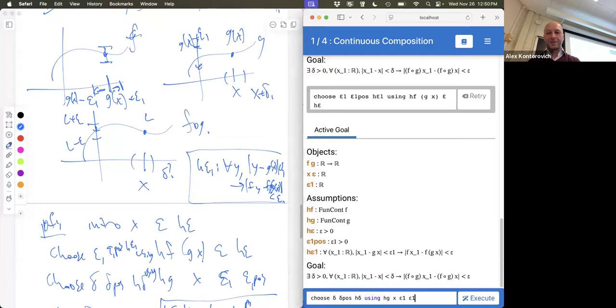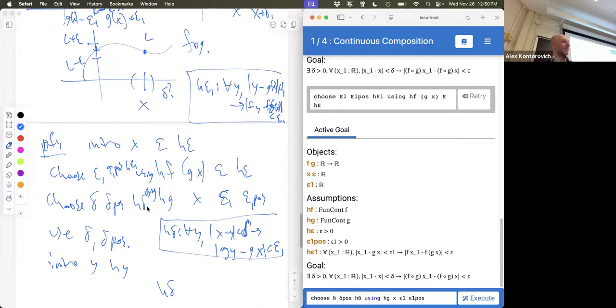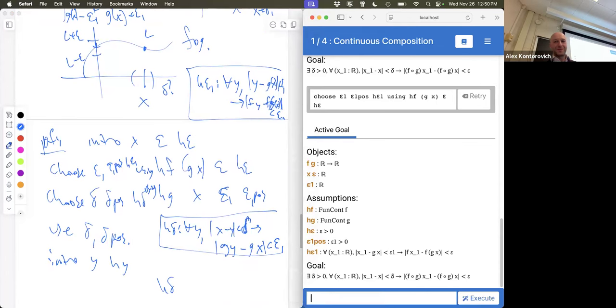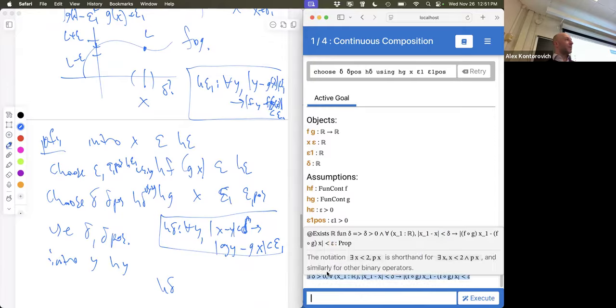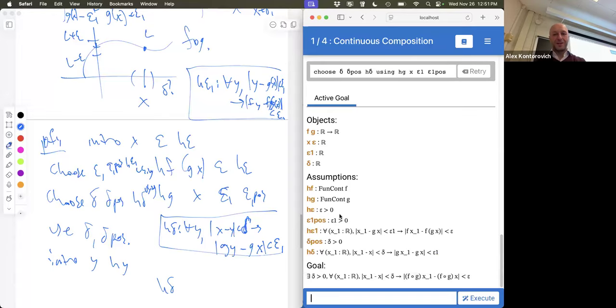Because we said it was. Okay, does that make sense? So that's delta. It says for all y that are within delta of x, g will be within epsilon 1 of g of x. Okay, so that's the delta we want to use. We found our delta. So use that delta and use the fact that it's positive.